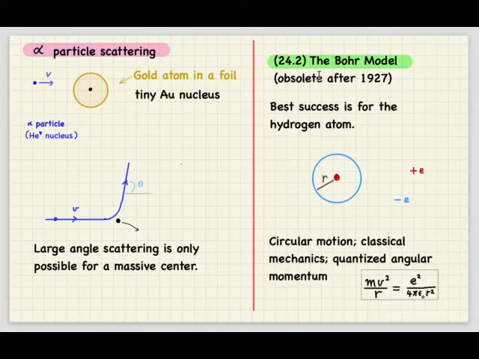Well, this was another early example of quantum mechanics. It became obsolete around 1927 after the idea of matter waves, first proposed by de Broglie, later put into an equation by Schrödinger.